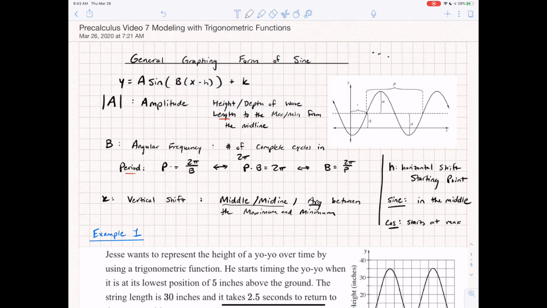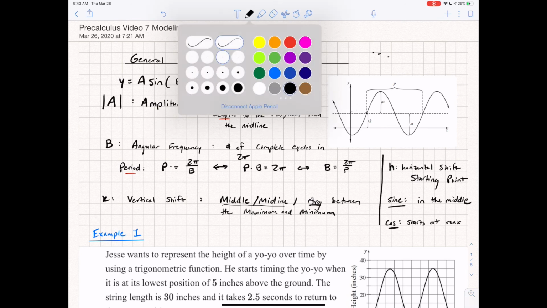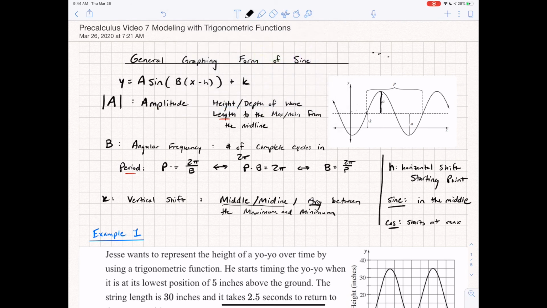I'm just going to kind of get rid of it. Because for cosine, what I would need to do is locate where my maximum is, which is here. And this x value, whatever value number that is, that would then represent my h. Because for cosine, that's where I would start and mark this thing off.